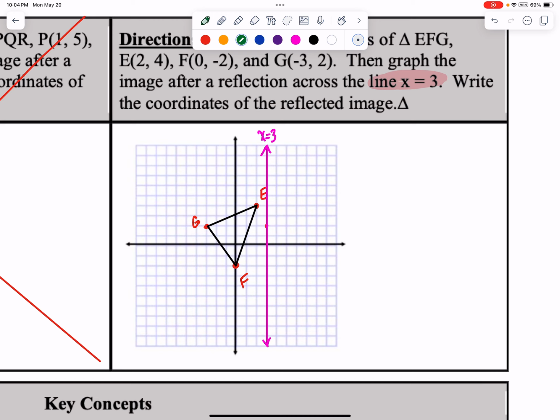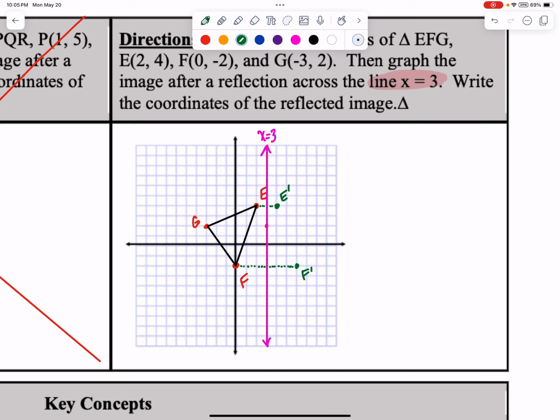So we're going to reflect, but this time we're reflecting across where x equals 3. So we're looking at the distance, and we're going the same distance on the other side for each point. So I have E prime. We can look here, 1, 2, 3, 1, 2, 3. Here's F prime.